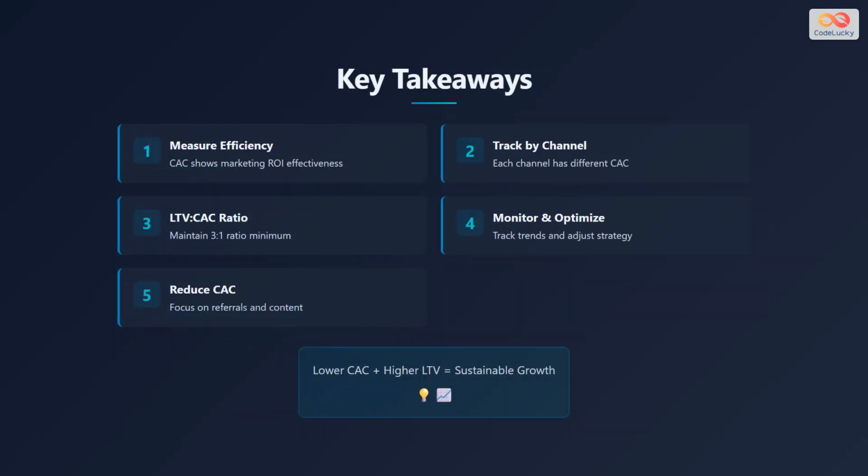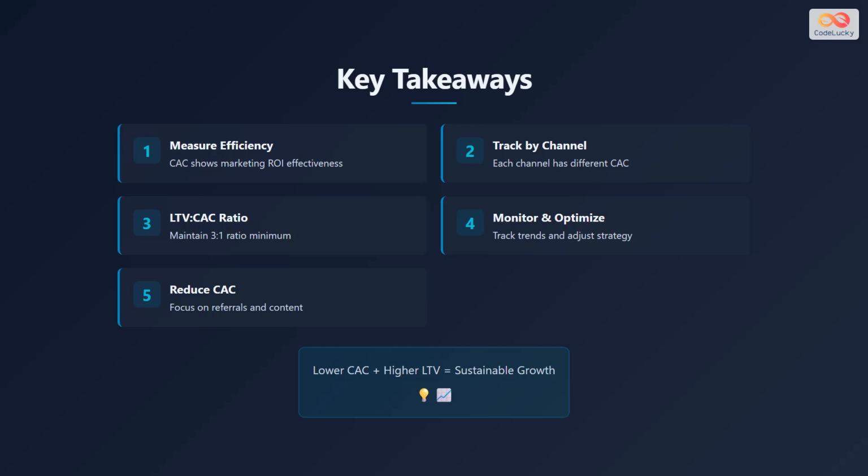Let's recap the 5 essential points about customer acquisition cost. First, CAC measures the efficiency of your marketing spend. Second, different channels have vastly different acquisition costs, so track each one separately. Third, maintain at least a 3 to 1 ratio between customer lifetime value and acquisition cost for sustainable business.